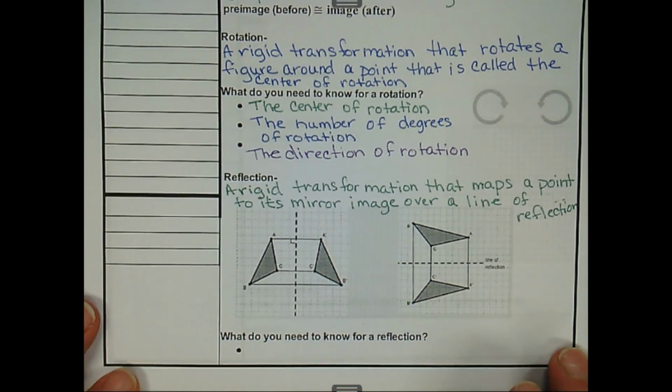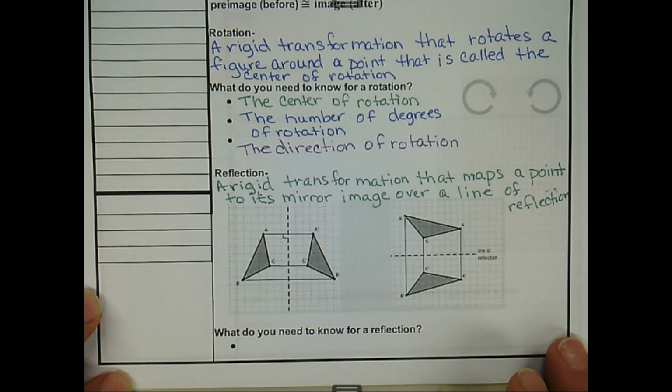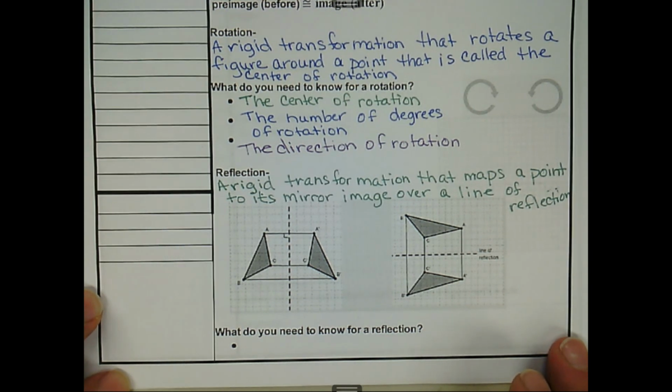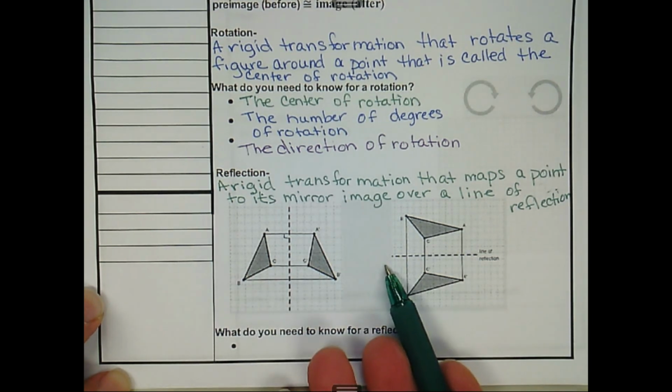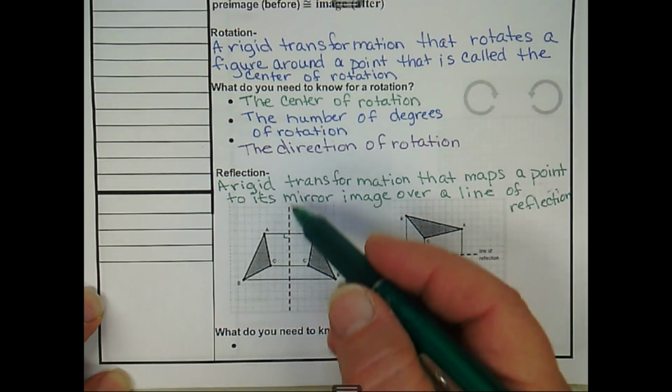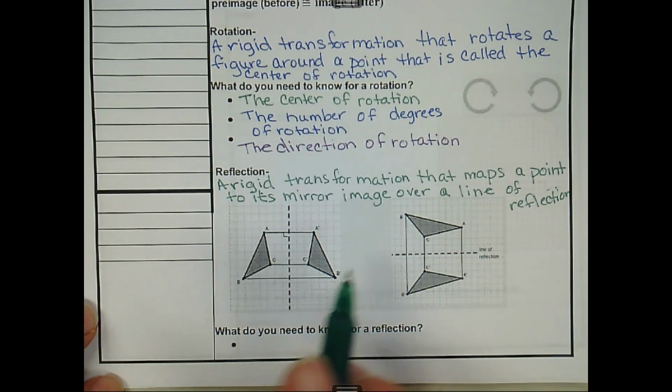Okay, so if you're looking at it, what do you need to know? You're going to take this and you're going to reflect it over this line. Well, you've got to know where that line of reflection is, because you're going to count.